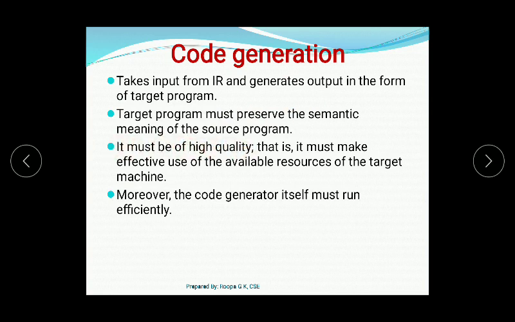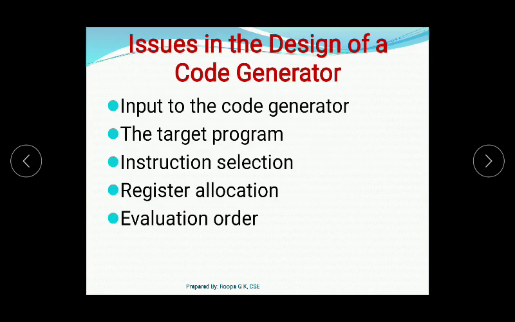The target program must be of high quality, that is, it must make effective use of the available resources of the target machine. Then it must run efficiently with respect to running time. These are all the requirements of code generation.